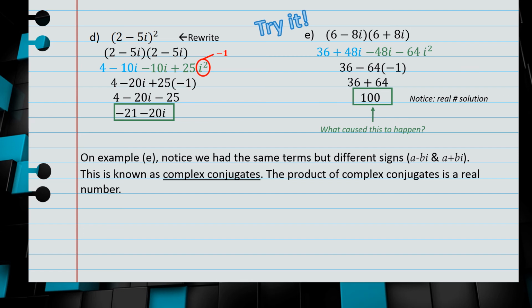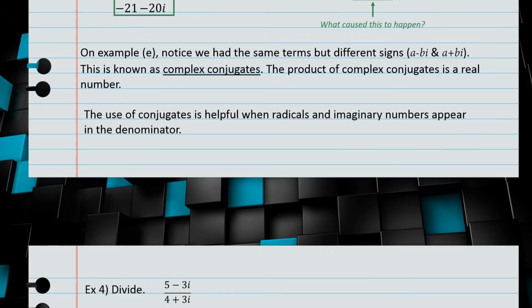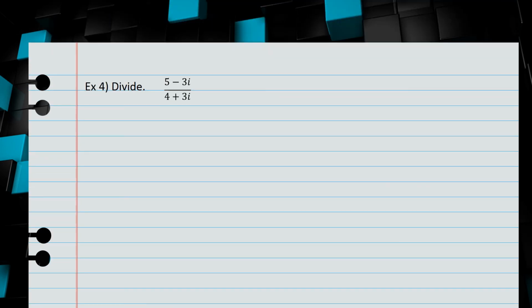Why might this be useful? Well, the use of conjugates is helpful when radicals and imaginary numbers appear in the denominator. So let's look at an example. Example 4 says to divide.